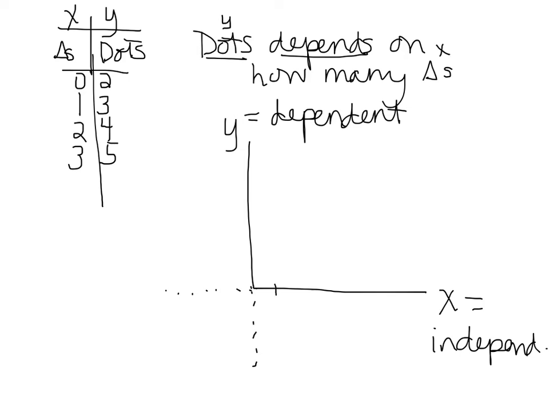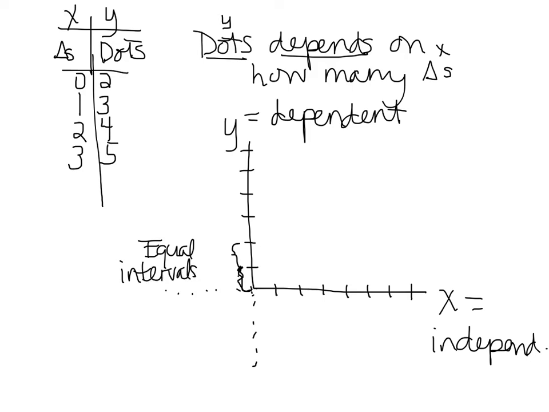In any graph, we have to put our numbers in, and they have to be at equal intervals. This has to be equal to this. These are equal intervals when I put in my numbers.